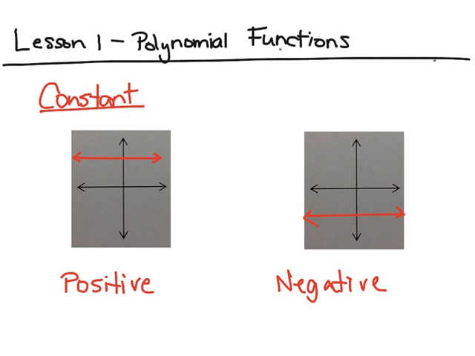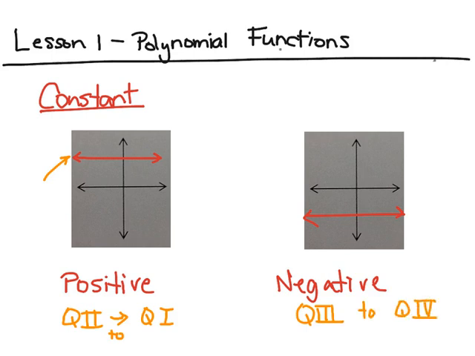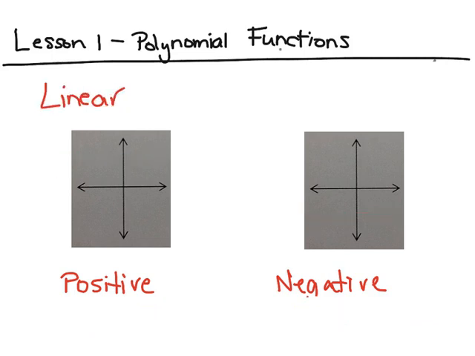Now our end behavior over here, for our first one, it starts in quadrant 2, and it goes to quadrant 1. So the end behavior is from quadrant 2 to quadrant 1. You can put a line or you can write 2. For our negative constant function, it goes from quadrant 3 to quadrant 4. So those are the end behaviors for a constant function. You can do the same for linear functions.